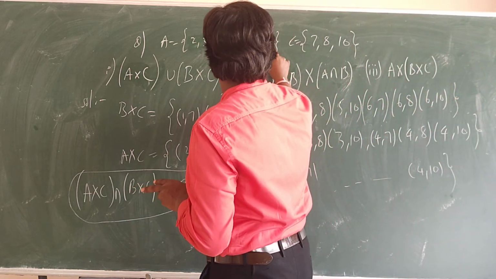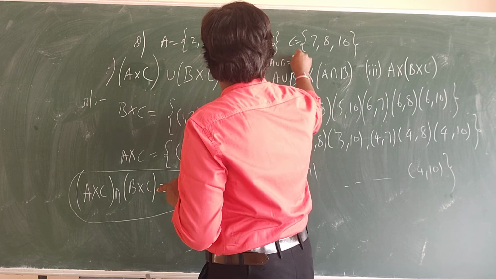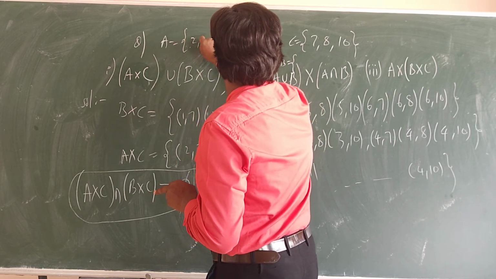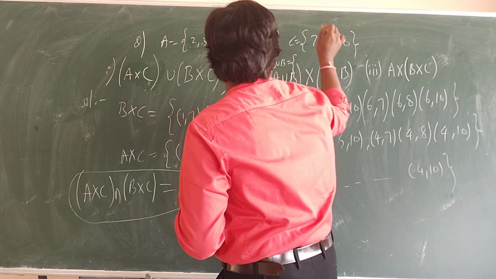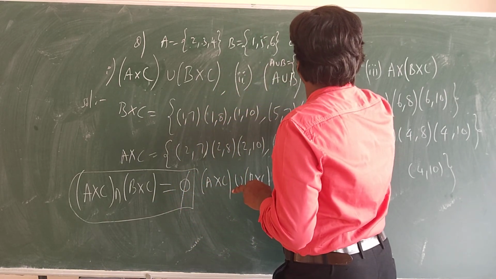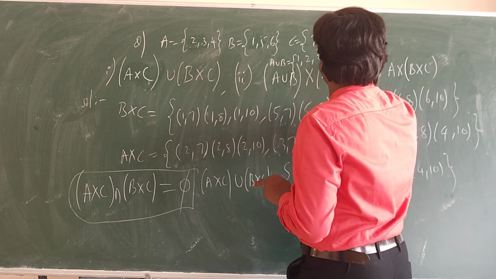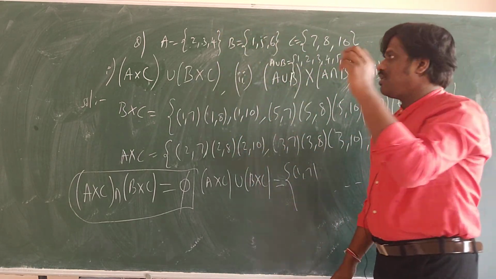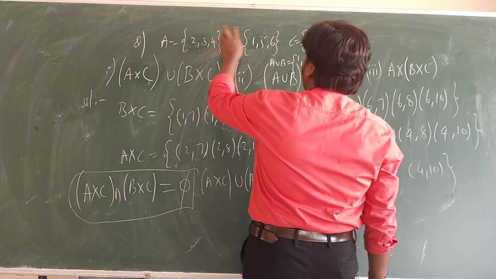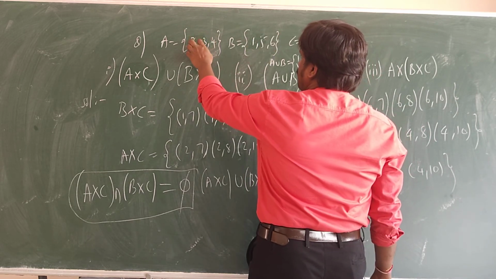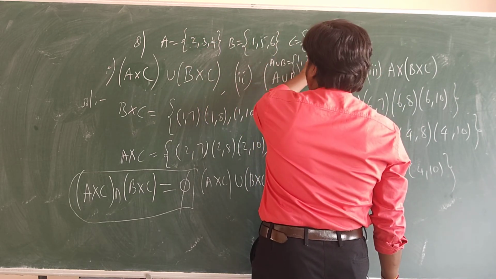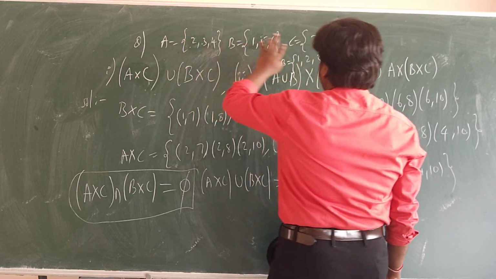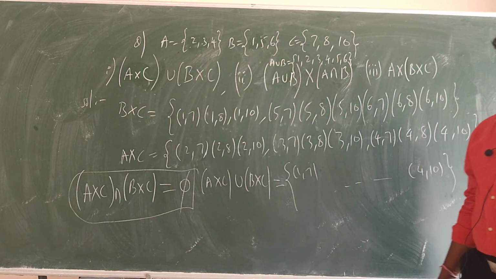If I say A union B, I will get 1 2 3 4 5 6. Sets you remember, no? All elements will come, and a repeated one is written only once. See, 2 3 4 we will write, then we carry on with 1 5 6 because they are not there in this. So completely 1 2 3 4 5 6.